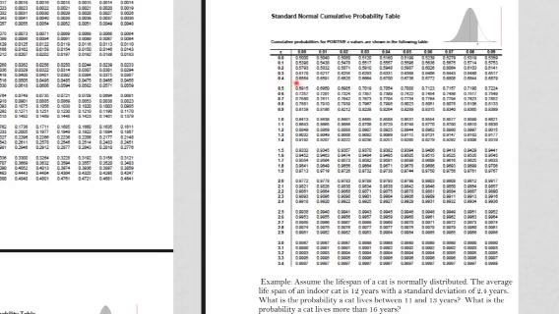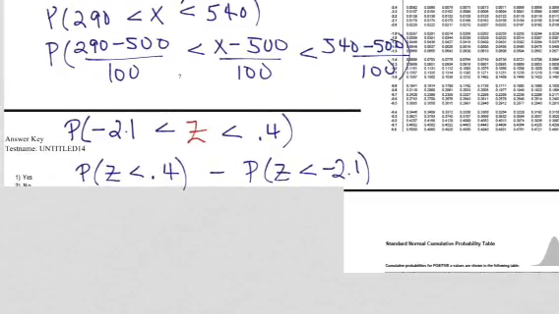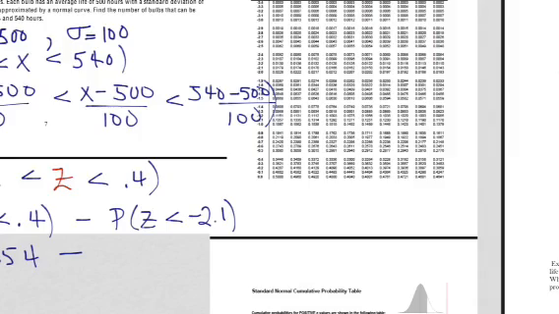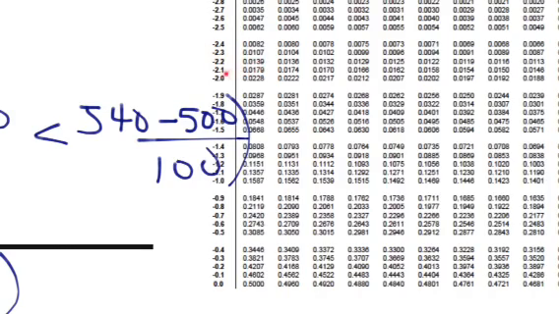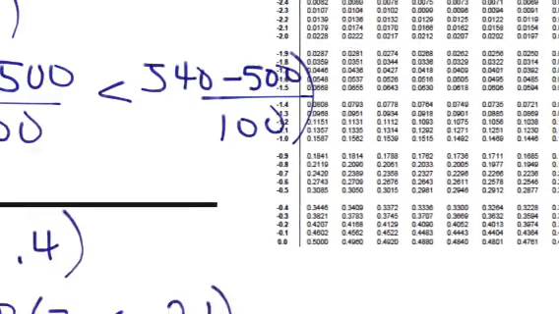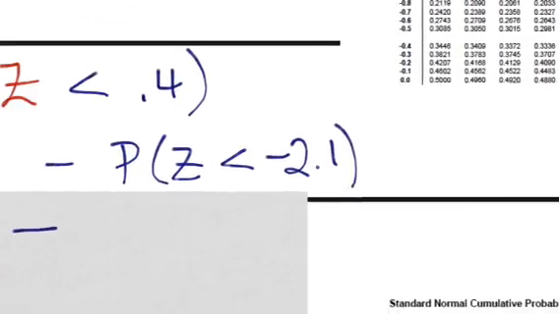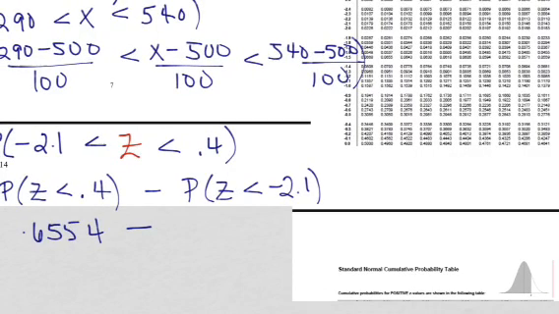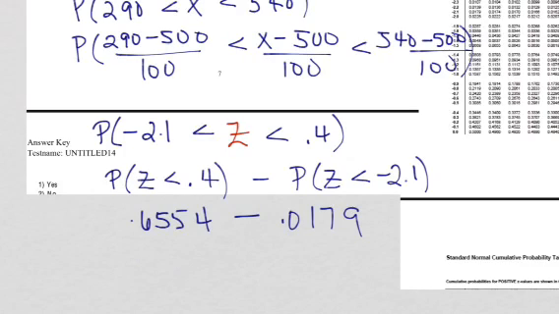The probability of being less than 0.4 is 0.6554, minus the probability of being less than negative 2.1, which is 0.0179. Which equals 0.6375.